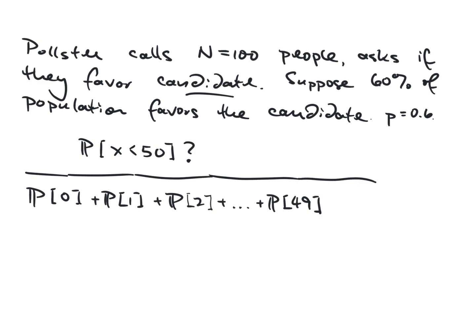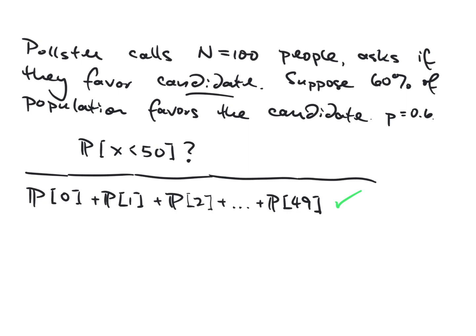Okay? That's the perfect way to answer this question. Exactly perfect. You go through and you do each of those calculations. But that's 50 calculations that all have factorials with big numbers in them. It's a pain to do that calculation 50 times.